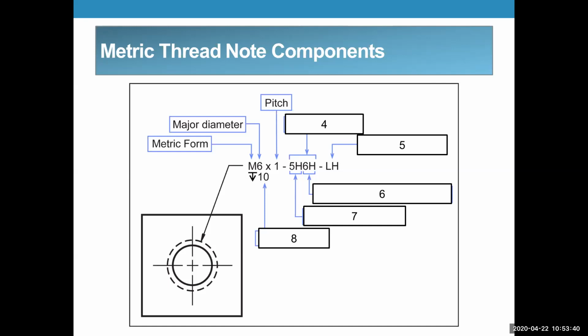And we'll talk about that a little later on, or maybe I'll mention it right now, is the fact that as the threads get finer, the pitch number goes down, right? So as the crests get closer together, that distance decreases.